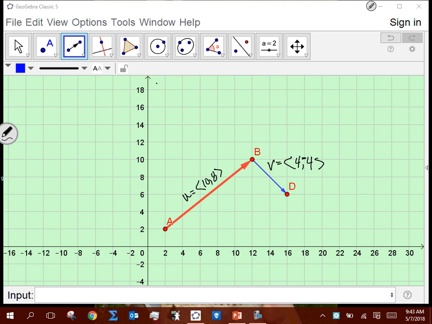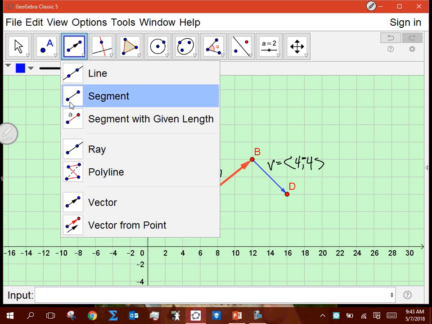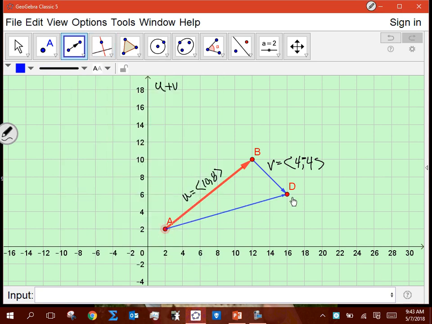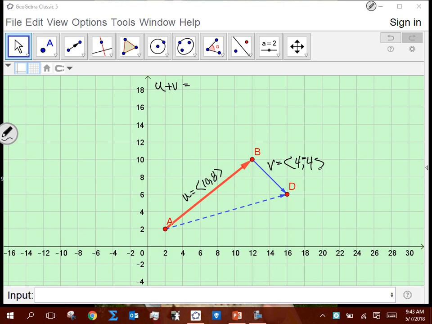If I were to do u plus v, we know what that should look like geometrically. It should look like that. That's the resultant, that dotted vector. We should be able to describe that using these components. u plus v should look like the horizontal component plus the horizontal component, comma, the vertical component plus the vertical component.